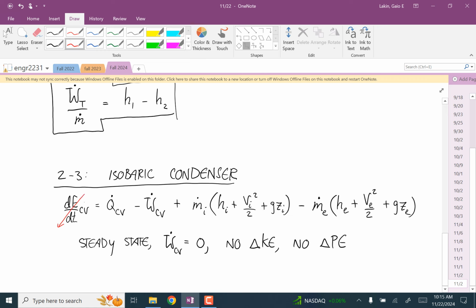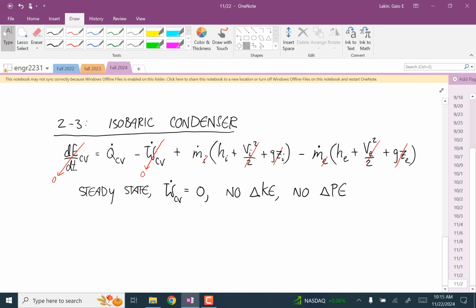So we can cancel the dE/dt. We can cancel W dot. We just have a single mass flow rate. And we can cancel the potential and kinetic energy terms.